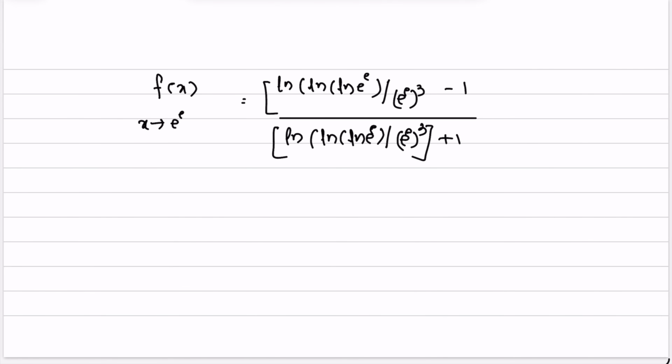Are you able to understand? ln of e to the power of e is e.